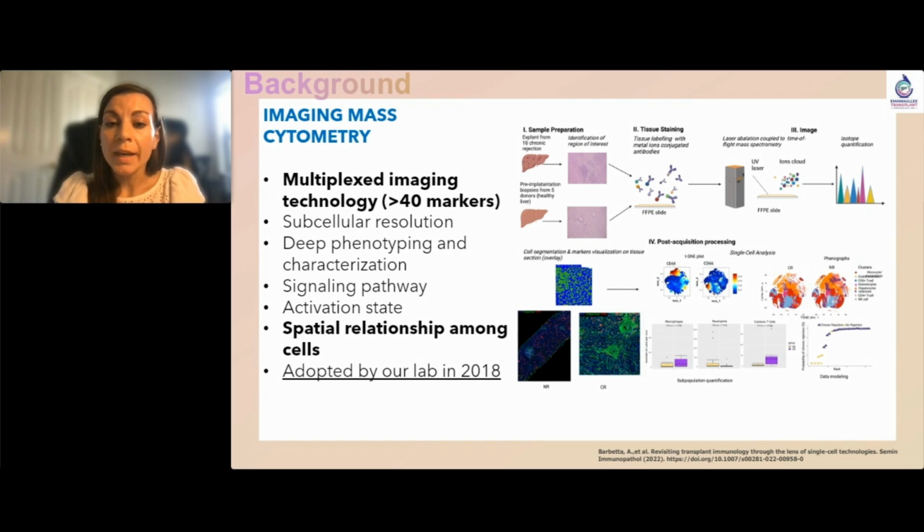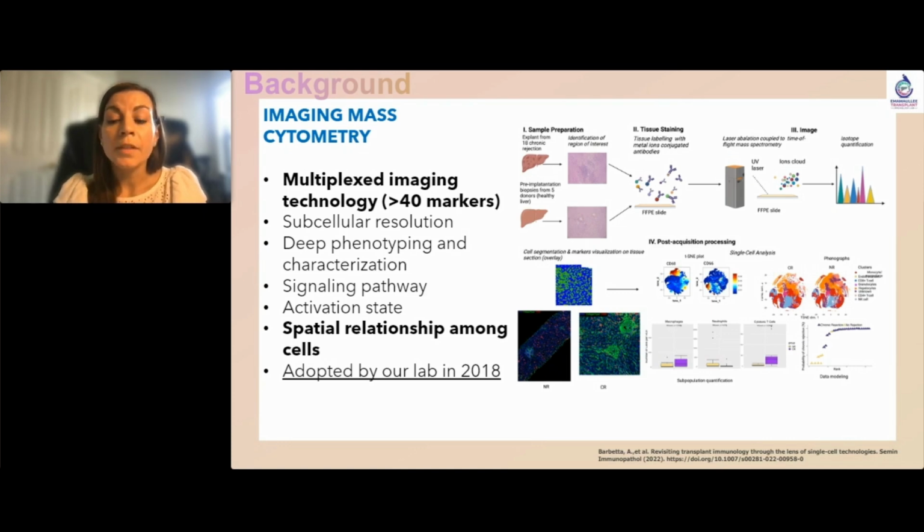Usually, we have FFPE slides that are stained with a cocktail of antibodies conjugated with metal ions. Those stained slides are then ablated using a UV laser, and the ion cloud is then analyzed by mass spectrometry.